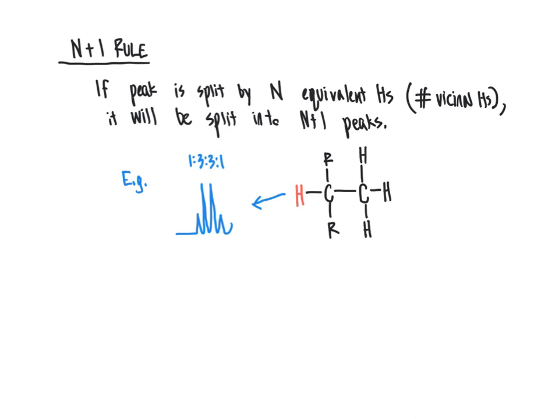Because in this case, if we're measuring our proton there in red, our number of vicinal hydrogens equals 3.